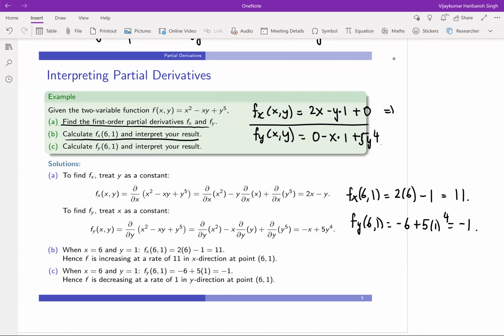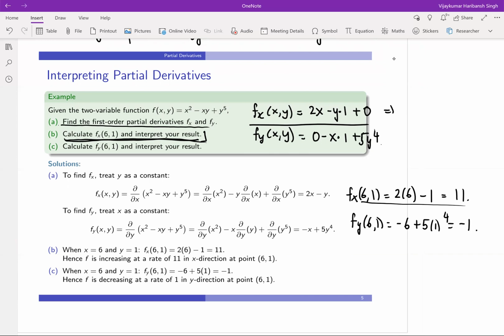So now let's interpret your results. What is the interpretation of this? The derivative is the rate of change, right? So f_x(6,1) equals 11. This means, first of all, that the derivative is positive, so the function is increasing, right?